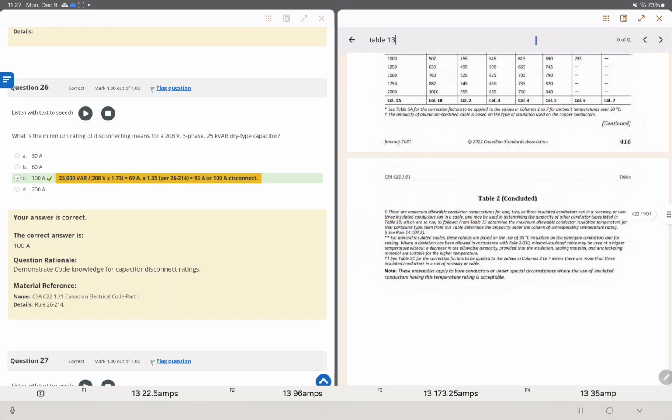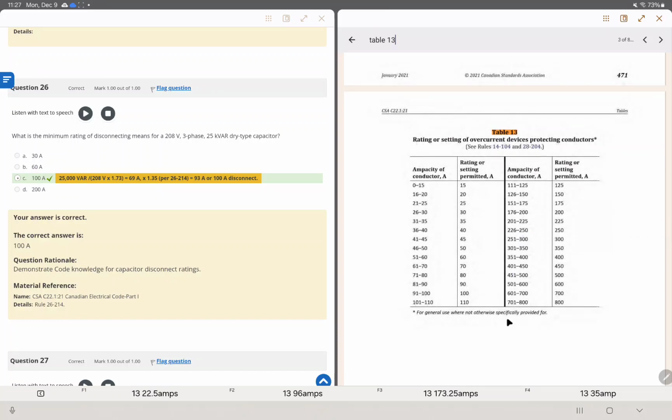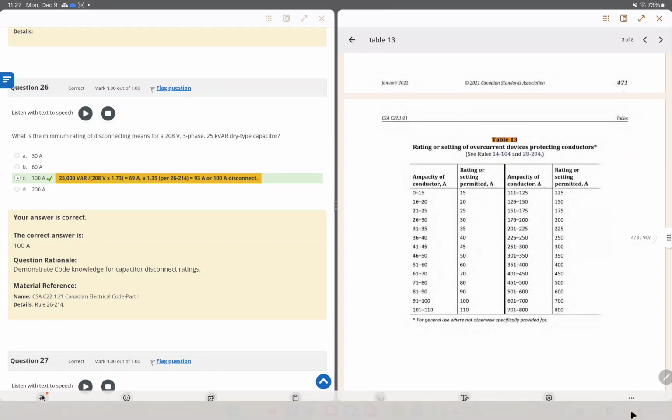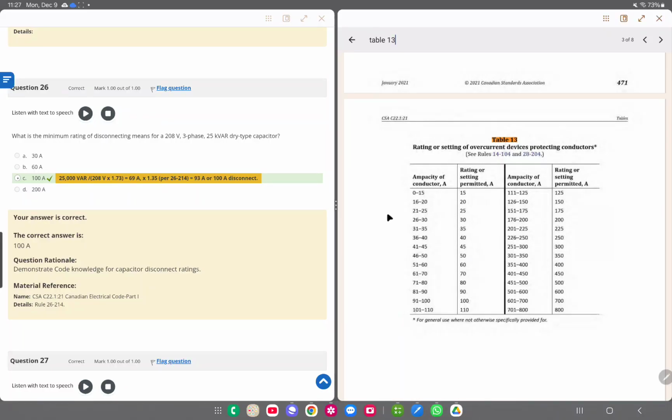We'll go to table 13, and we're going to look at our 93. It would be in the range of 91 to 100. We read across: 100 amps.